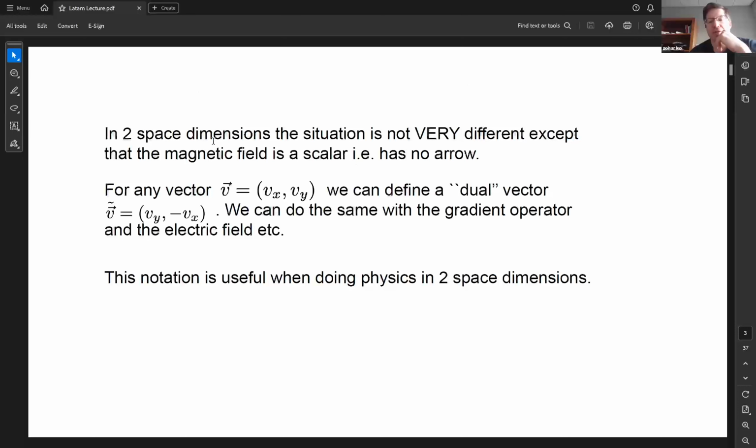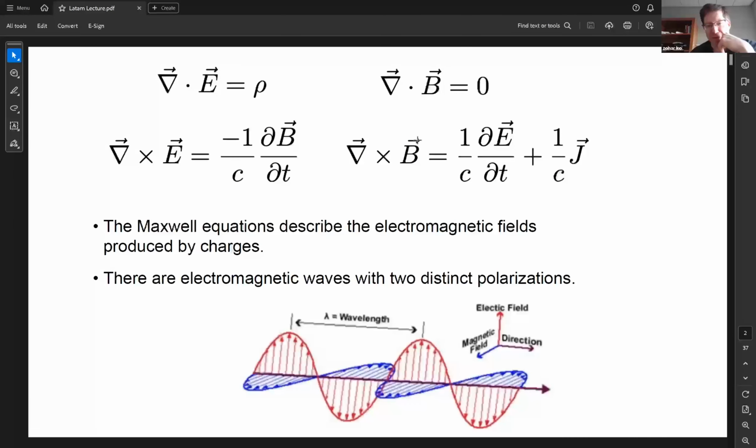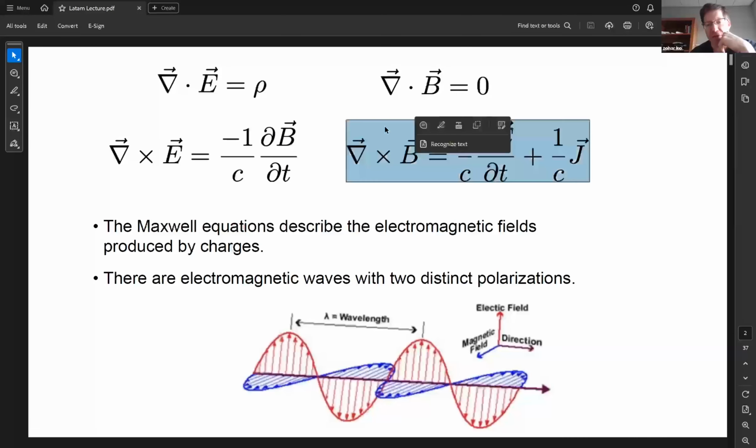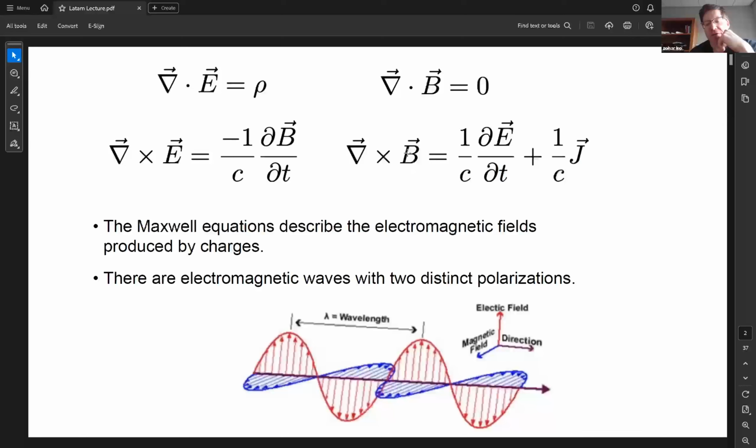Now, if you go to 2+1 dimensions, so namely in two space dimensions, a priori, the situation is not very different. So let's go over the differences in 2+1 dimensions. One difference is that the magnetic field doesn't have an arrow anymore. So the magnetic field becomes a scalar field in 2+1 dimensions, because if you remember in electromagnetism, the electric and magnetic fields are derived from the field strength tensor F mu nu.